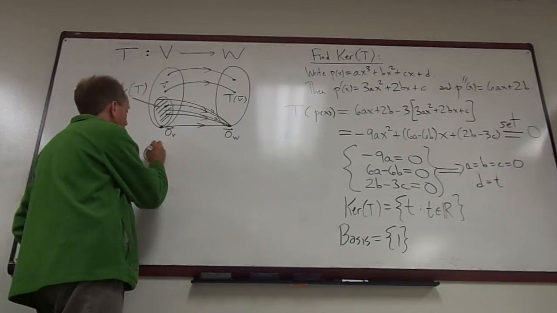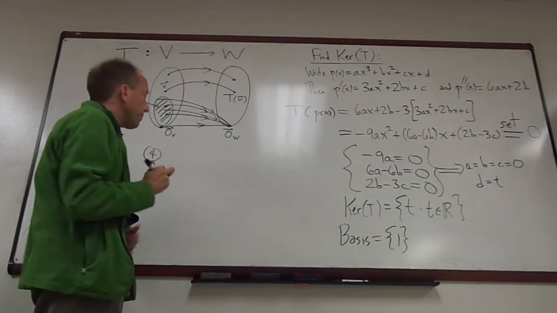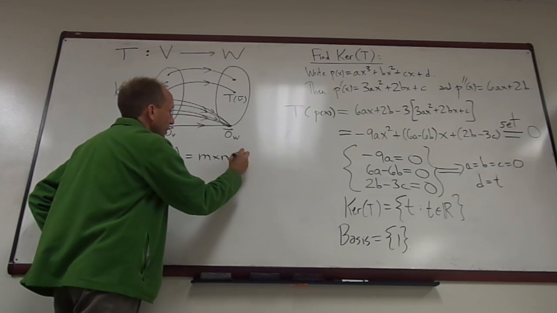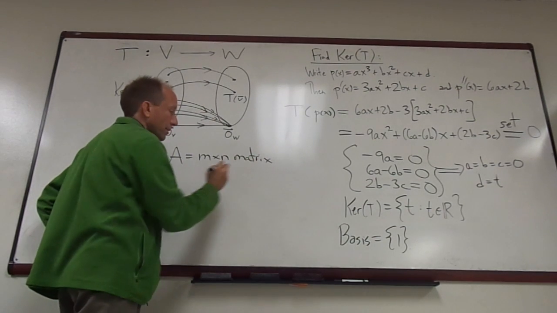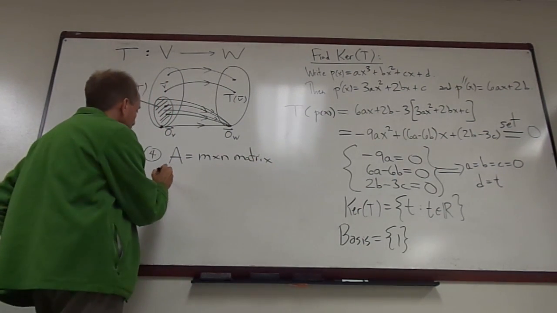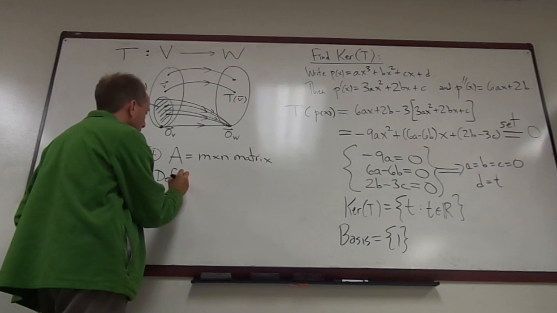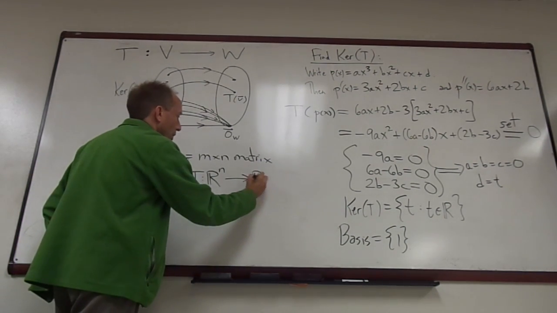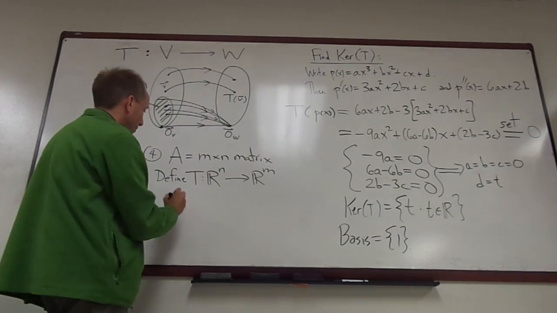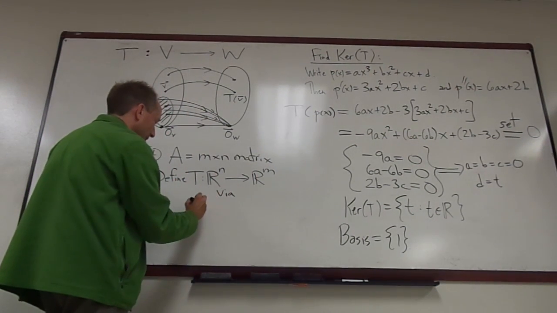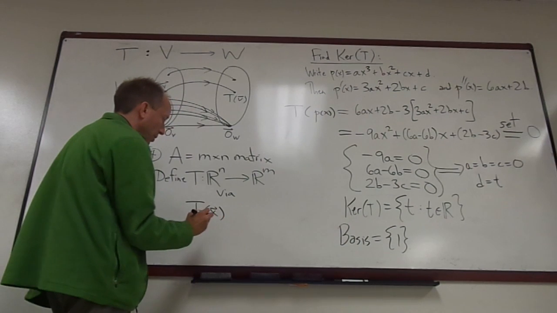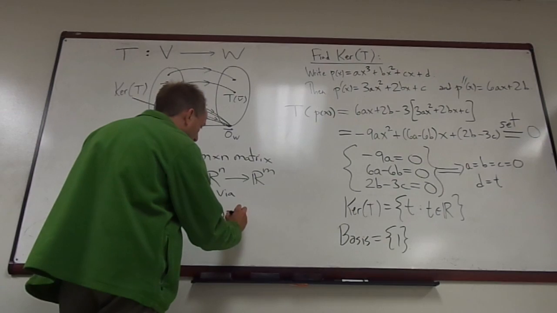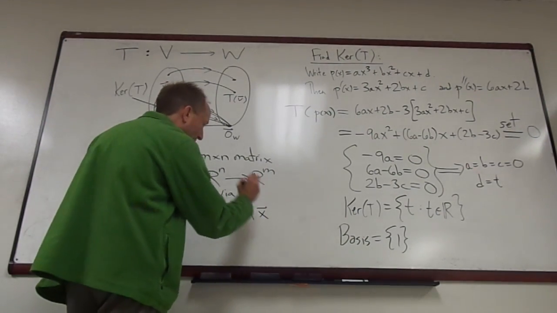Okay? One final example on the kernel, and this is one that's based on something that I did in class last week. Remember that if I fix an m by n matrix A, then we can actually define a transformation T from Rn to Rm via T of x, and I want you to think of x as a column vector with n slots, equals A times x.